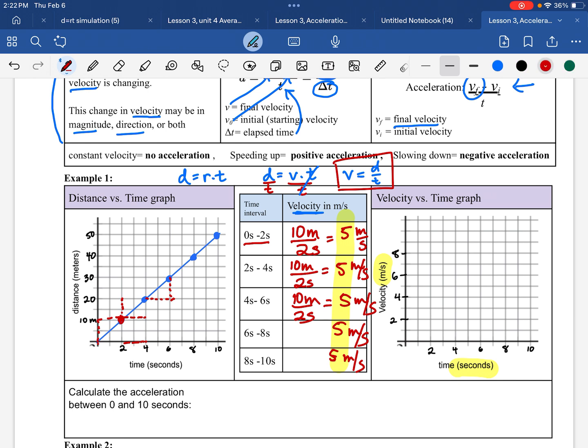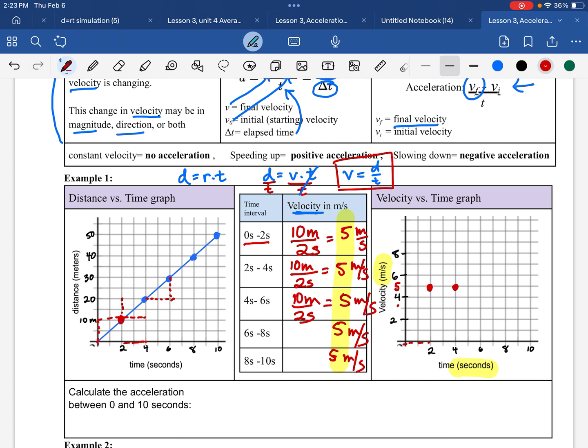So we've made an xy table, right? So for the 0 to 2 interval, the velocity is 5 meters per second. So that would be right here, right? 5 meters per second. So we're going to place a dot there. For the interval from 2 to 4 seconds, this interval right here, the velocity was also 5 meters per second.